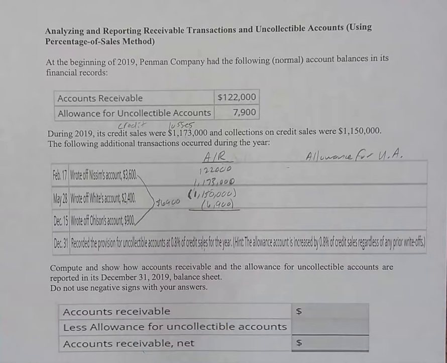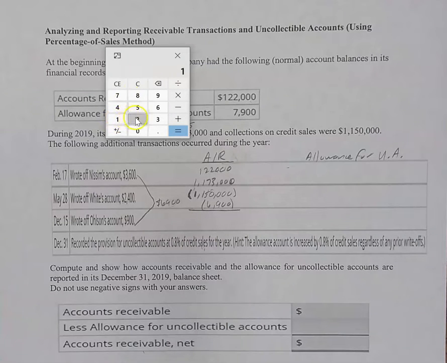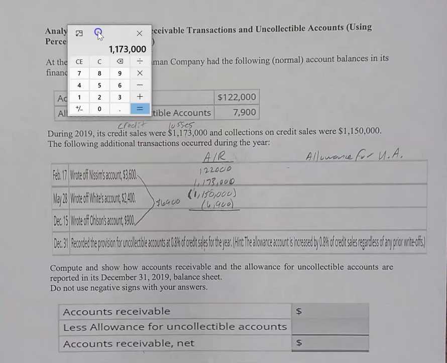So let's get the calculator over here. $122,000 plus $1,173,000 in credit sales, minus $1,150,000 in credit sales collected, minus the $6,900 in write-offs during the period.